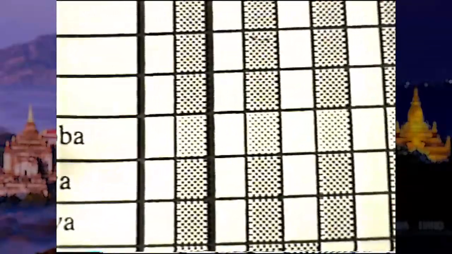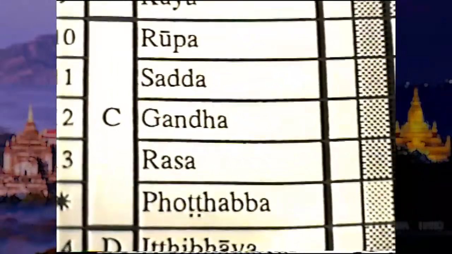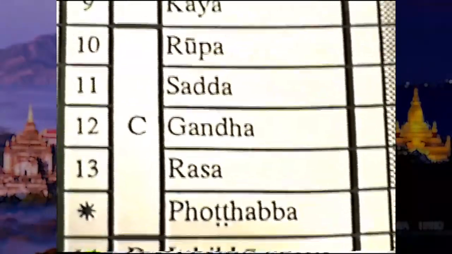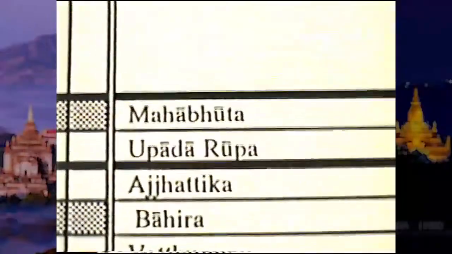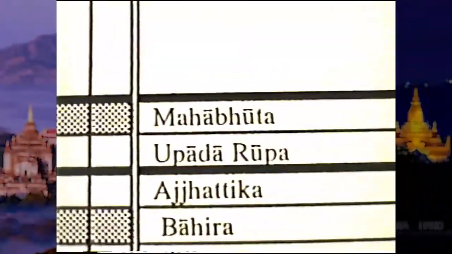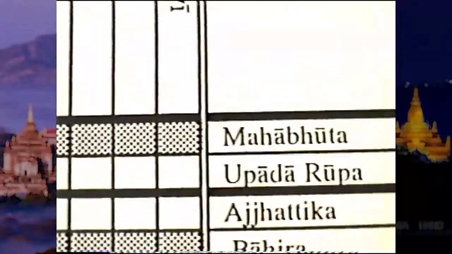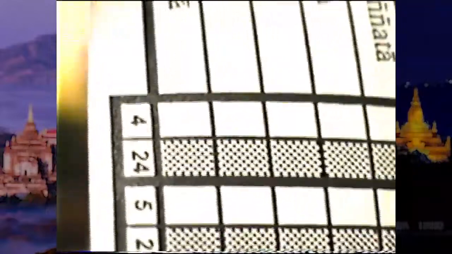Okay, now the first column. Maha Buddhas. That means the four essentials, and the other upada rupas. So 4 essentials and 24 dependent material properties. And then ajatika and bahira. Now, what are the ajatika?